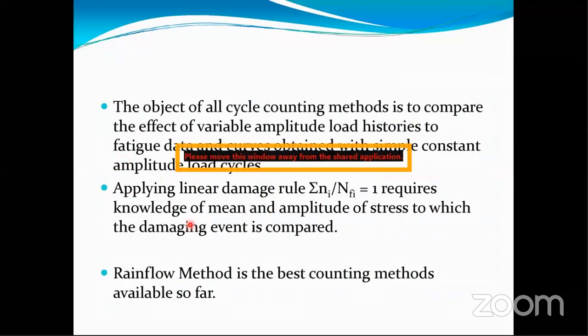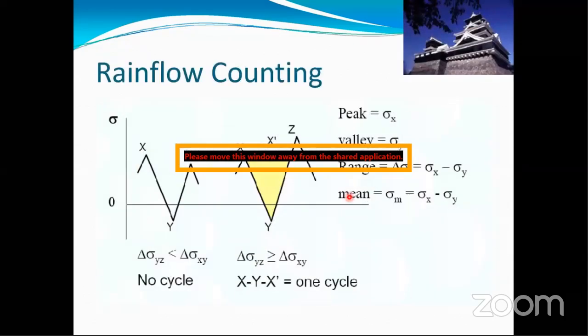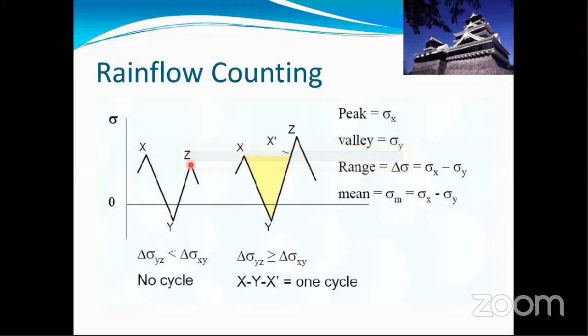In this case, it is the rainflow counting technique, which is very much applicable for the linear damage rule. Here in the rainflow counting technique, delta sigma yz is the difference between these two stress levels.